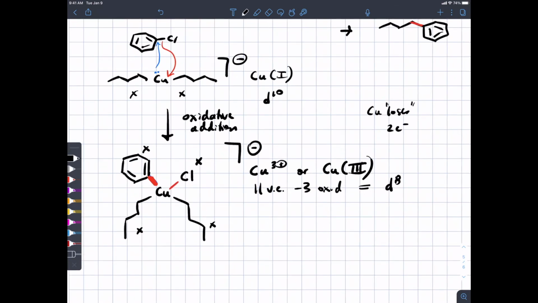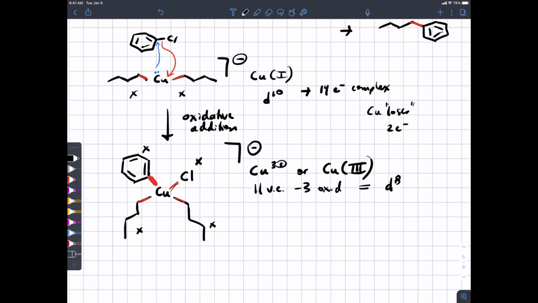Let's deal with the overall electron count. Copper is d10 here, and then you have 2 electrons from that ligand, 2 from that ligand, so overall a 14 electron complex. Here in this copper 3 complex, we have 2, 4, 6, 8 electrons from ligands.